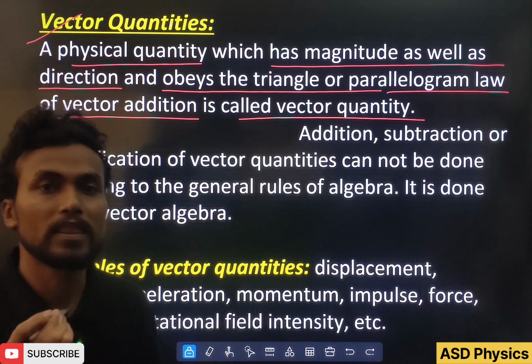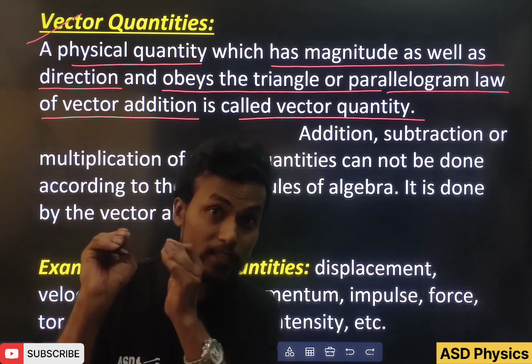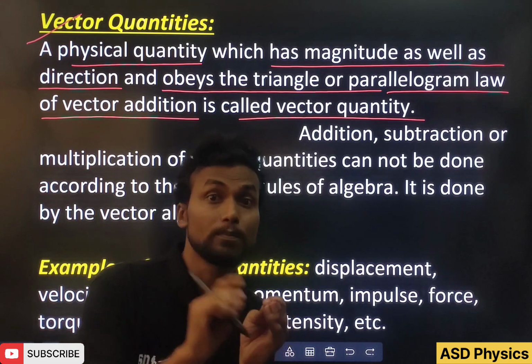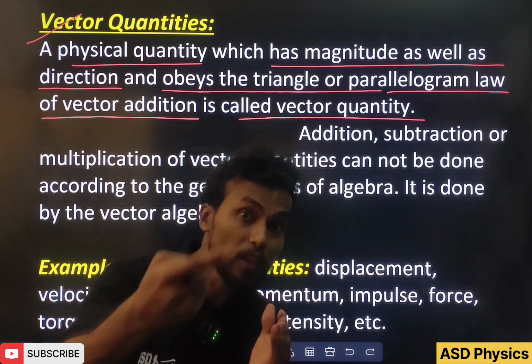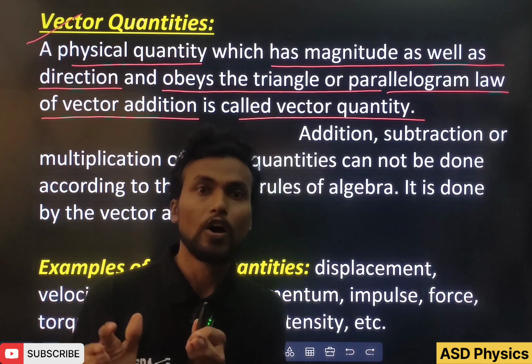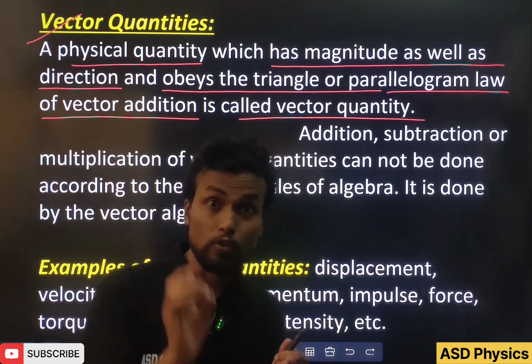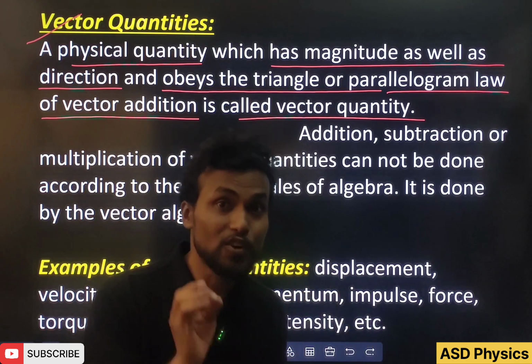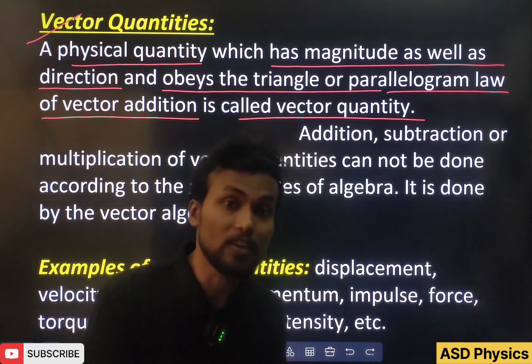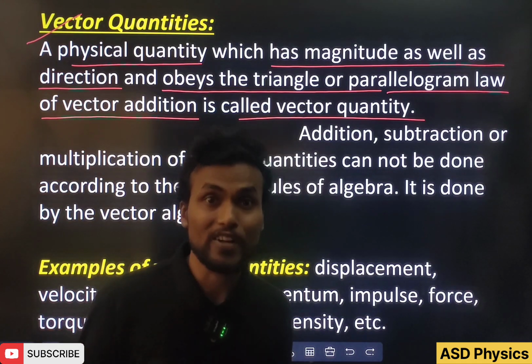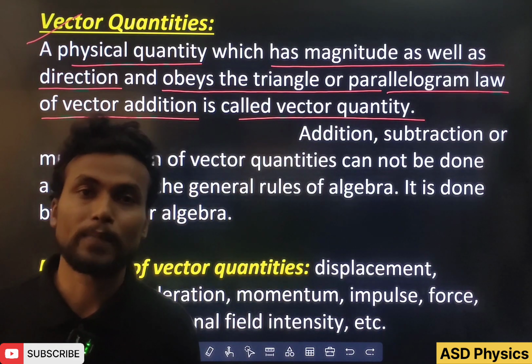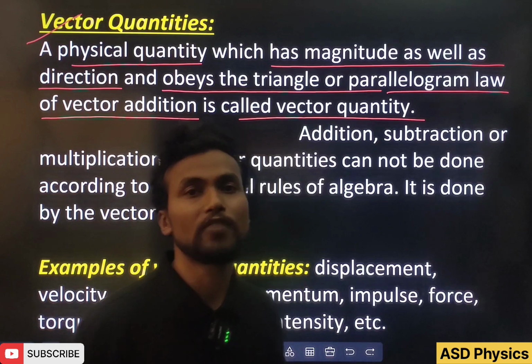We have to remember that a vector quantity has magnitude and direction, but these two things are not enough. We need one more thing: the triangle law or parallelogram law. This rule should also be obeyed by the vector quantity, and only then can we say it is a vector. Only magnitude and direction is not enough. We will study the triangle law and parallelogram law in detail in further videos.